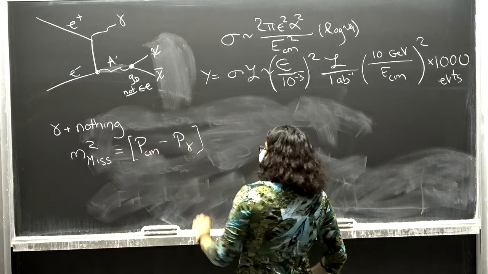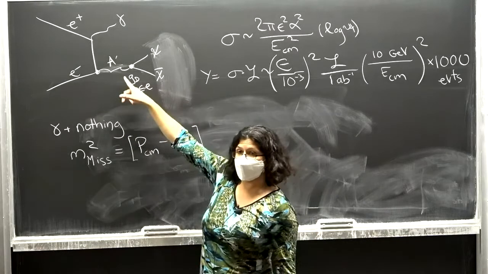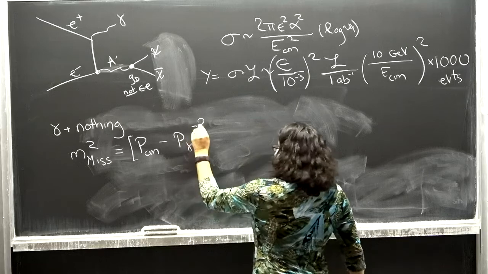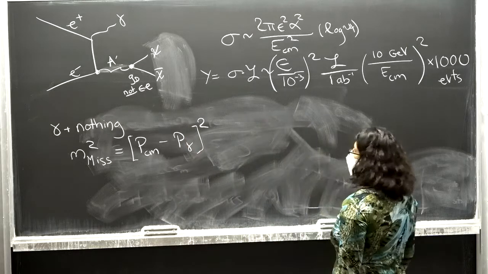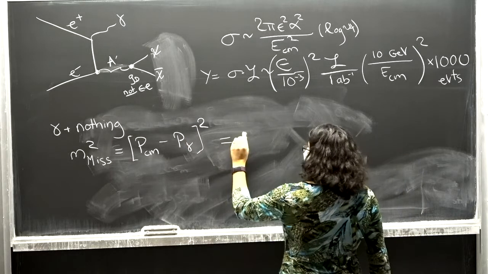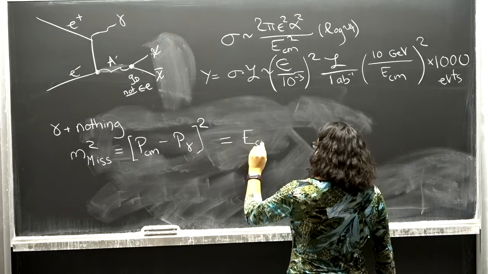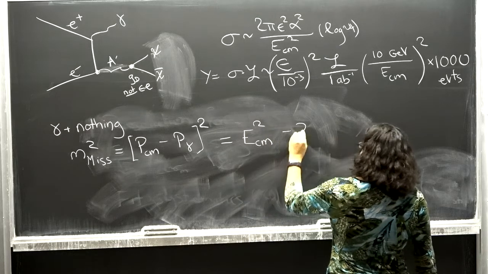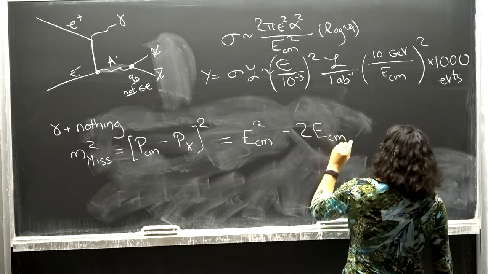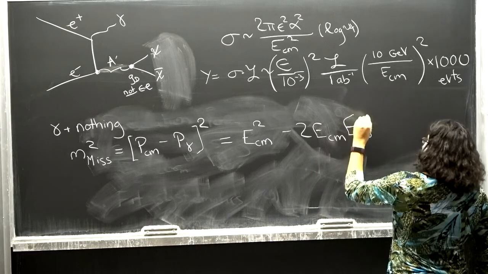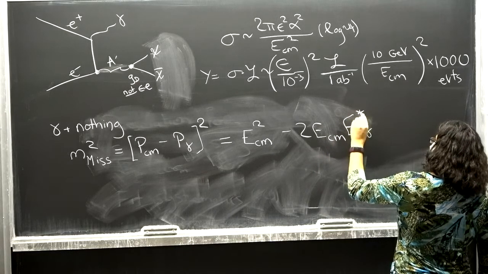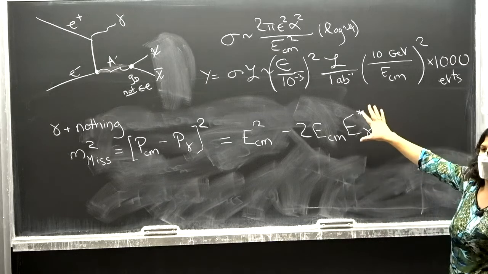So that should, by momentum conservation, give you the A prime four-momentum. Take its 4-vector squared. And in the CM frame, that's just E_CM squared minus 2 E_CM times the energy of the photon, where the star means in the CM frame.